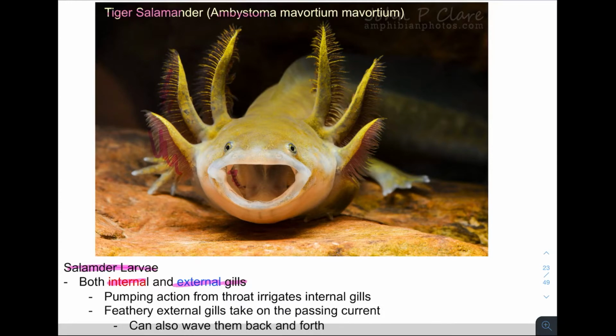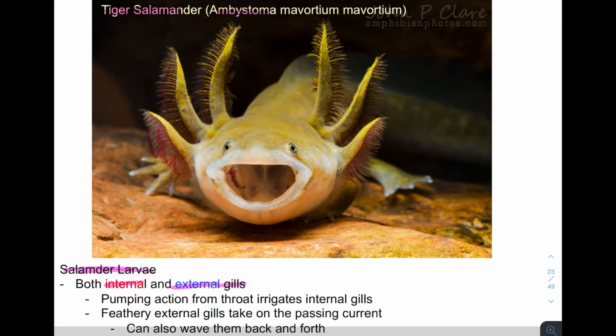And then metamorphosis typically takes place, where they will lose the external gills as well. But in some cases, we have neotenic salamanders that retain their juvenile characteristics, and in those cases, those feathery external gills remain.